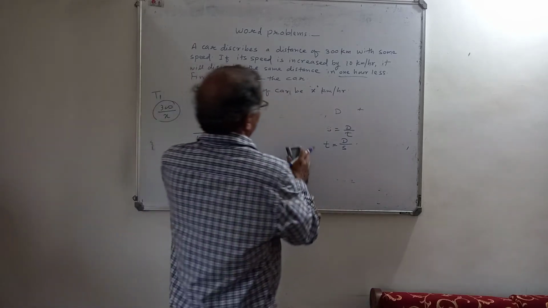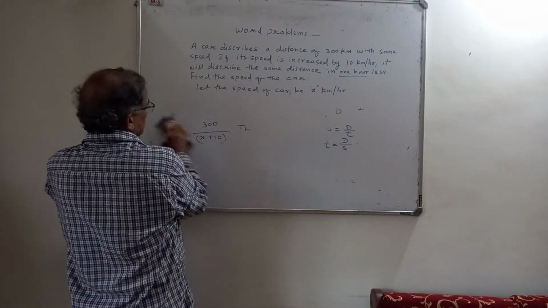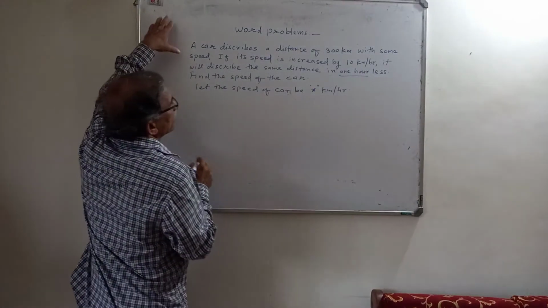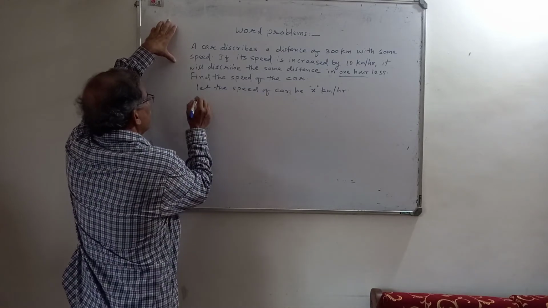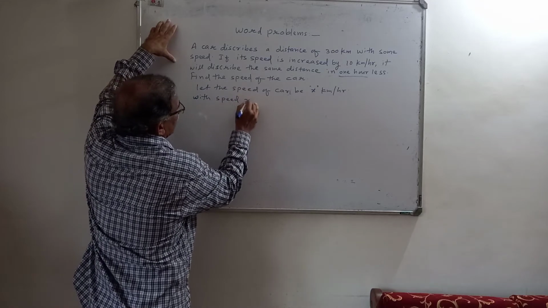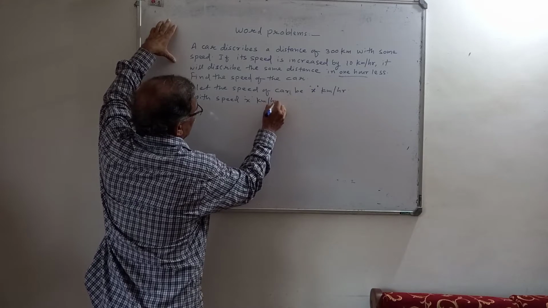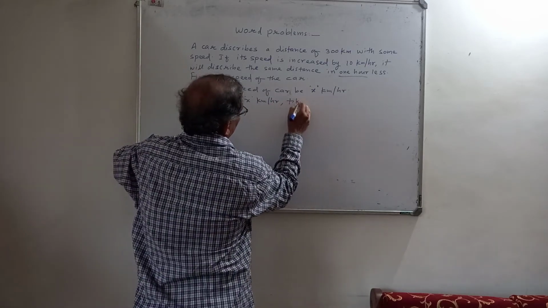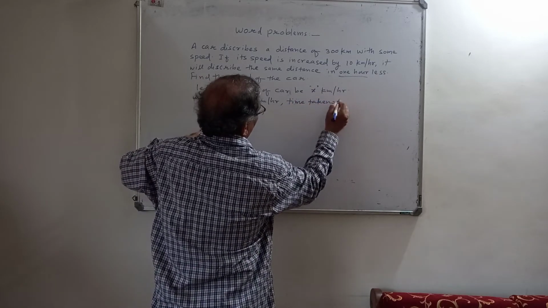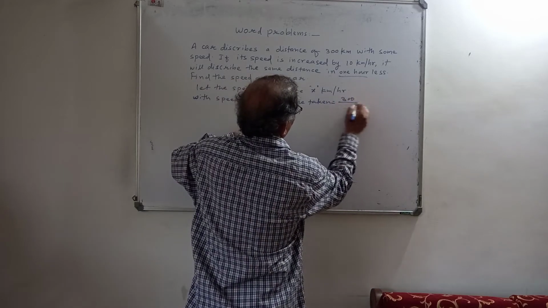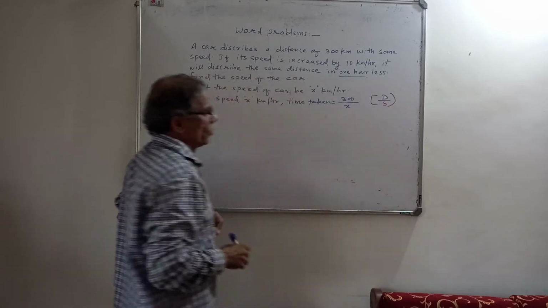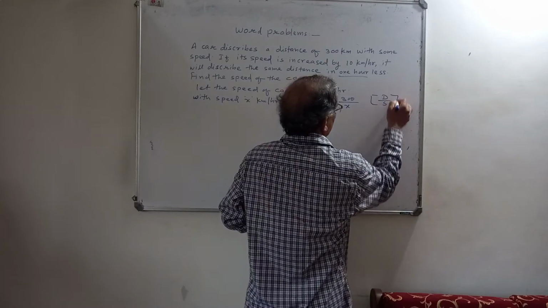Now I shall write in detail. So with speed x kilometer per hour, time taken is equal to 300 upon x, because it is the distance upon speed formula, you know, isn't it?